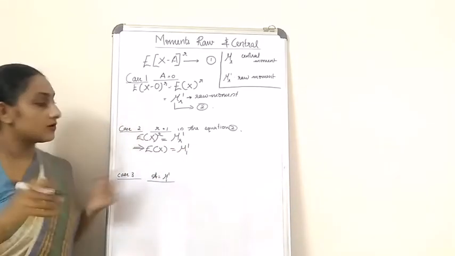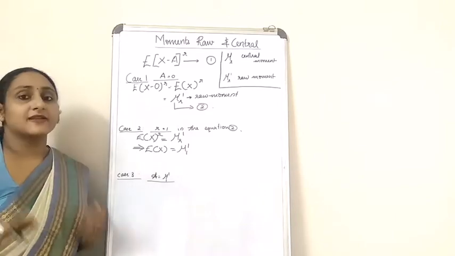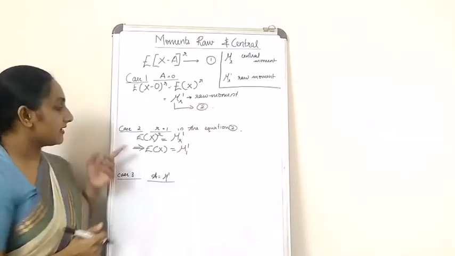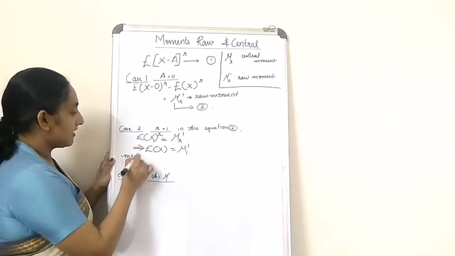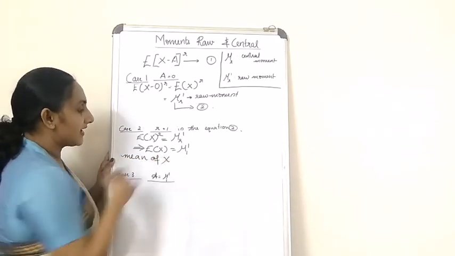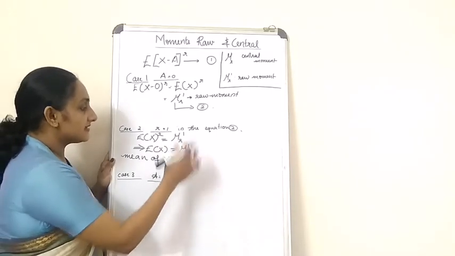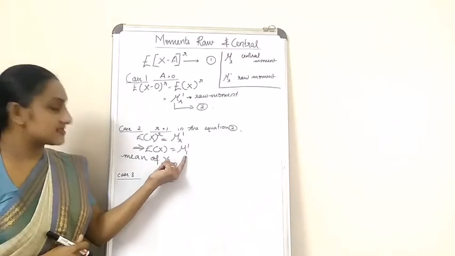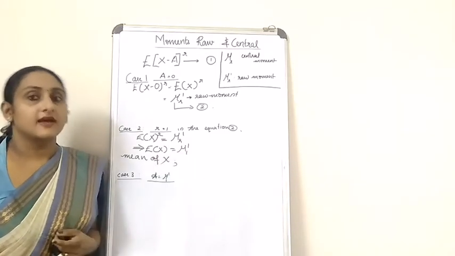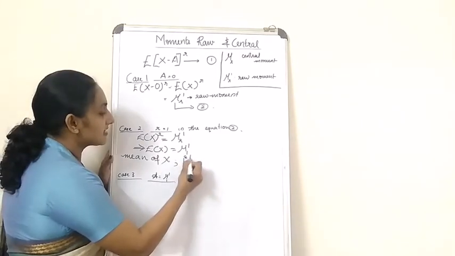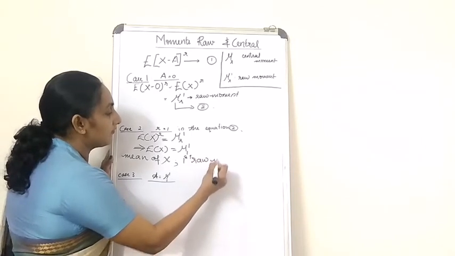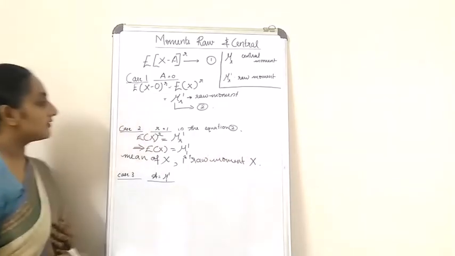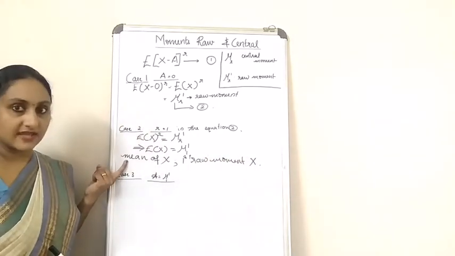I hope you all know what expectation of x is: it is the mean of the random variable x, also known as the first raw moment of x. I hope it's clear now.